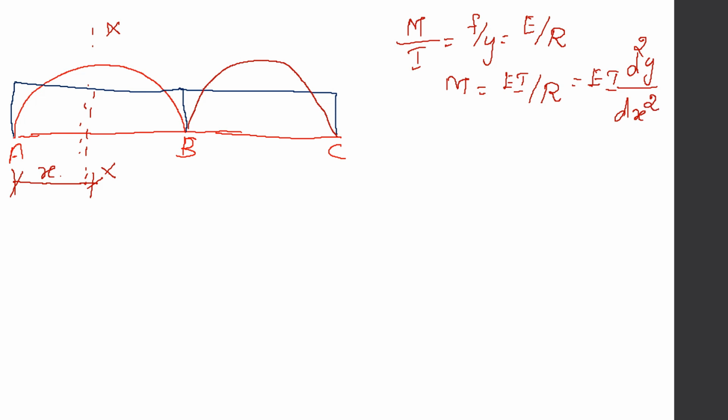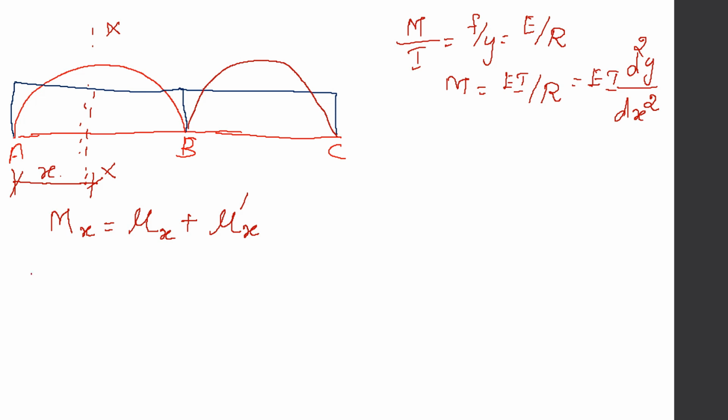Now, we will take the bending moment at the section X. So, the bending moment at section X is a combination of the bending moment due to simple supports plus the bending moment due to fixed supports. So it is mu x plus mu x dash, because mu x is the bending due to simple supports and mu dash is the bending due to fixed support.